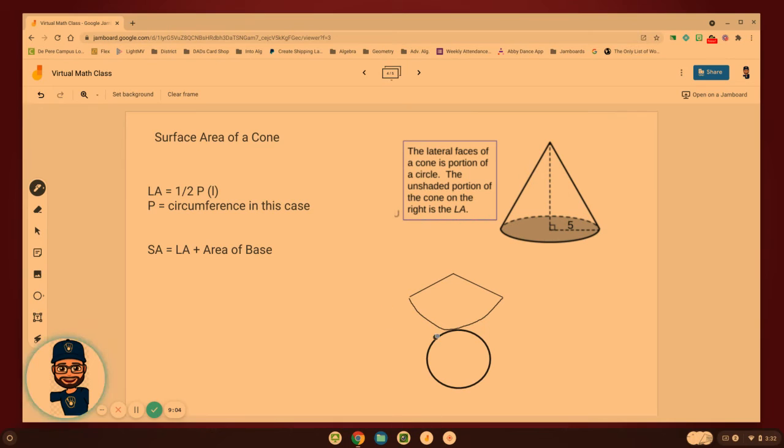But the perimeter of a circle is known as circumference. So when you're finding the perimeter of the base, you're finding circumference, and then you've got to know this slant height, L, where the height of the cone is this inside measurement. Plus, we still got to find the area of the base, which is just a circle.